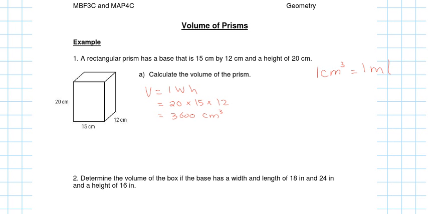And 1 liter is equal to 1,000 milliliter, which right away gives me the conversion: 1 liter is equal to 1,000 centimeter cube.